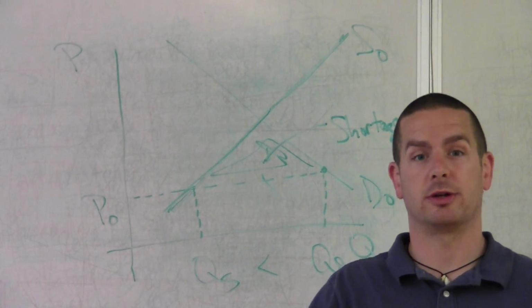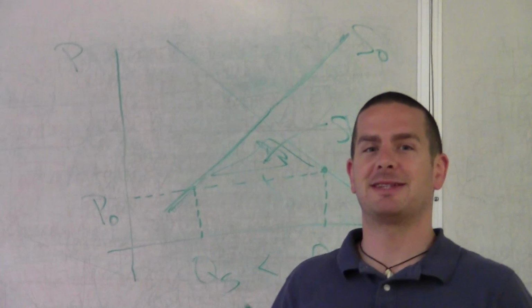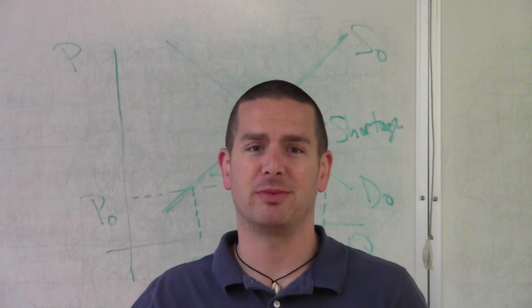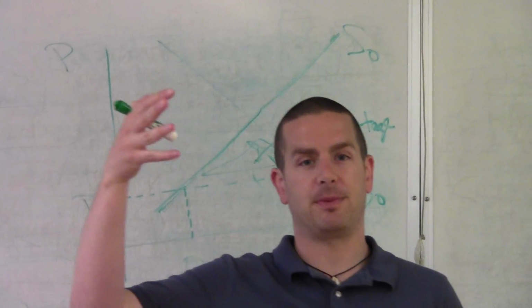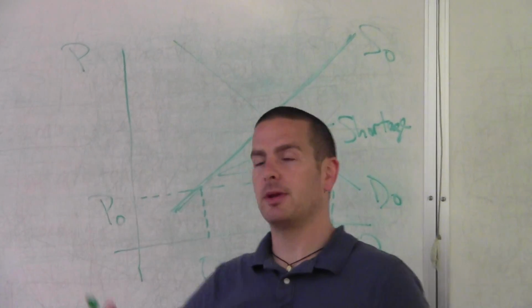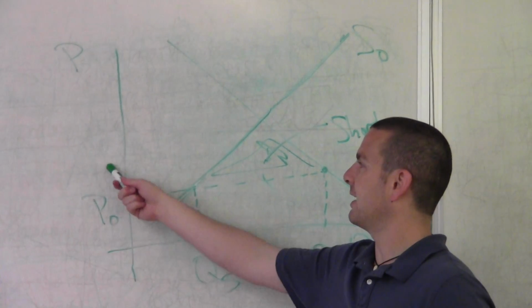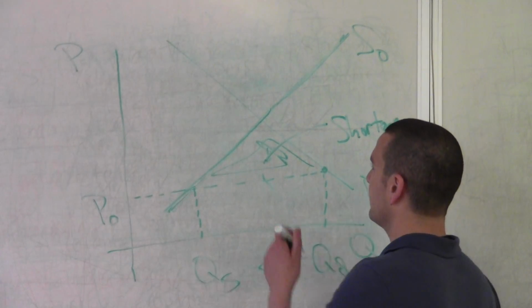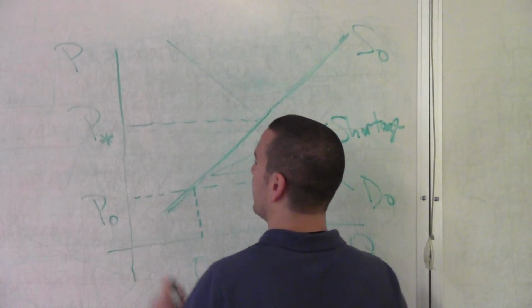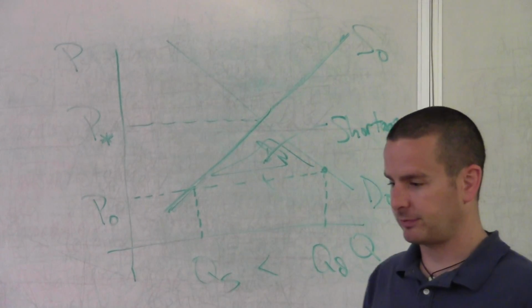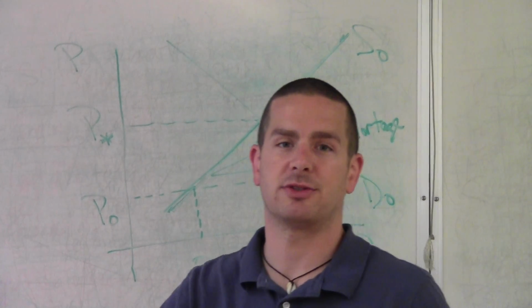If water became scarce, it becomes incredibly valuable. If it becomes incredibly valuable, the price will go up, raised until it comes to the equilibrium price and the market clears.